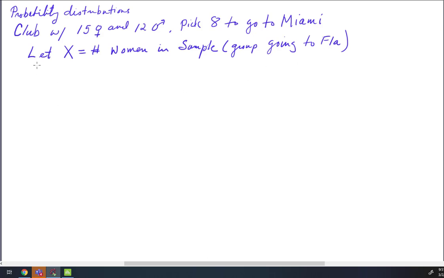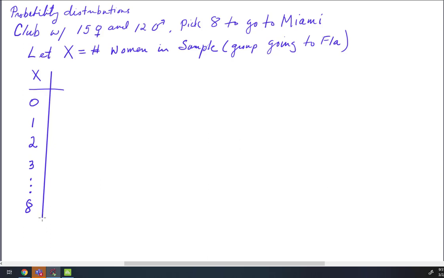Okay, x is the number of women in the sample. Then what values could x take? It looks like x could be 0, maybe no women in the sample, or 1, or 2, or 3, and so on, up to 8 women in the sample, but no more, because we're only selecting 8 people. So those are the values that x can take.